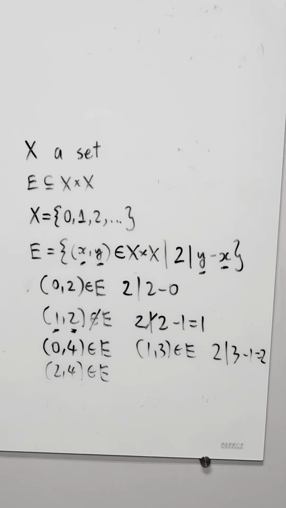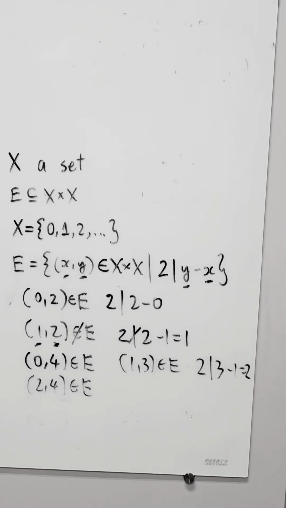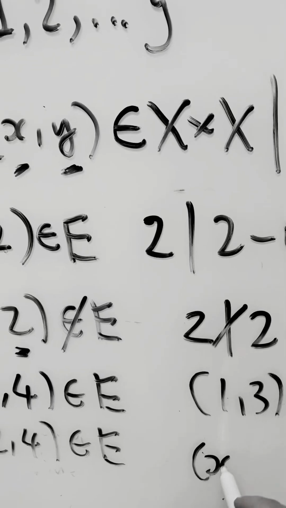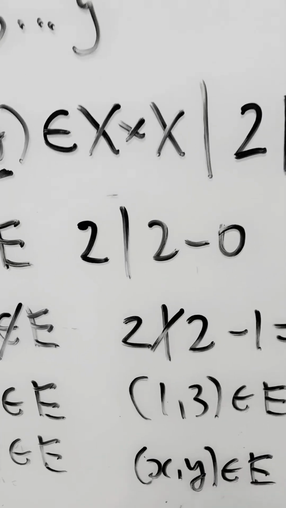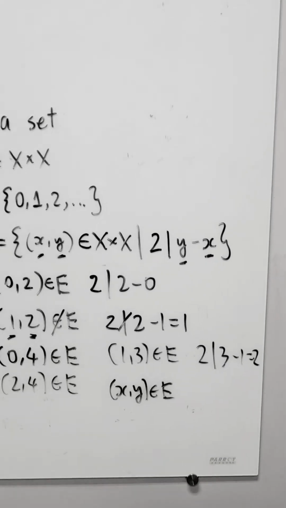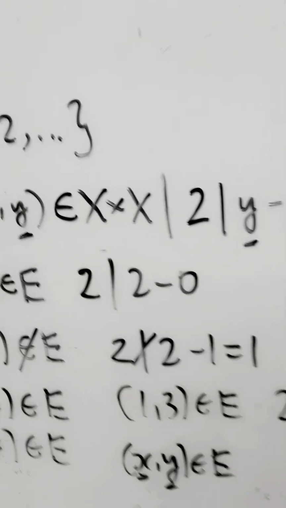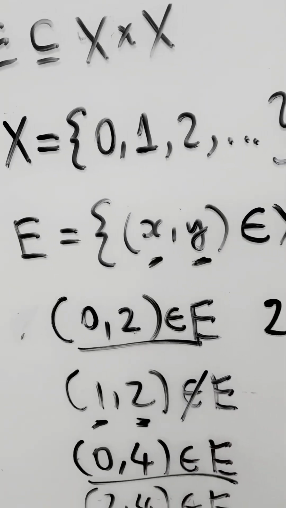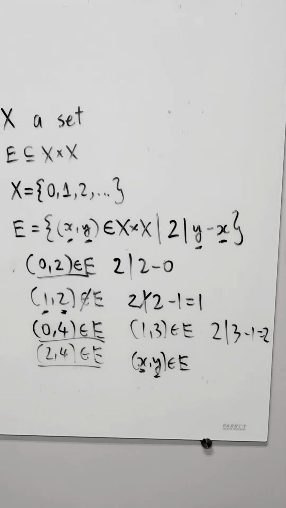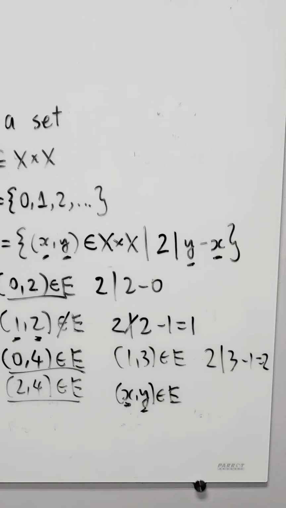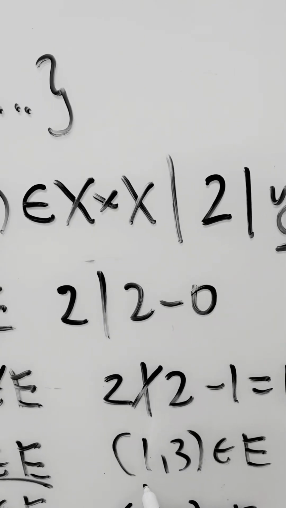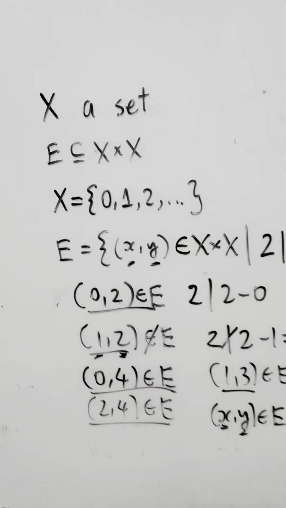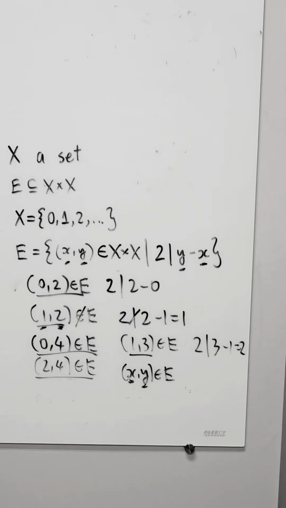By listing more and more examples of elements of E, we soon start to notice that an ordered pair X, Y will be in E when either both X and Y are even, as it happens in this case, in this case, and in this case, or when both X and Y are odd, as it happens in this case, for instance, but does not happen in this case where one of them is even and the other is odd.